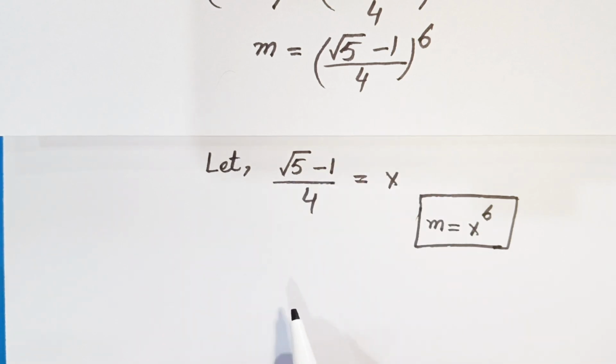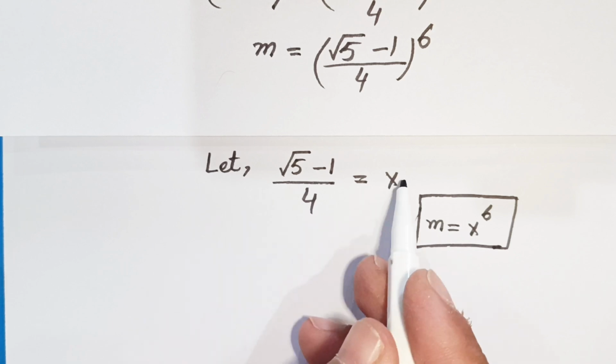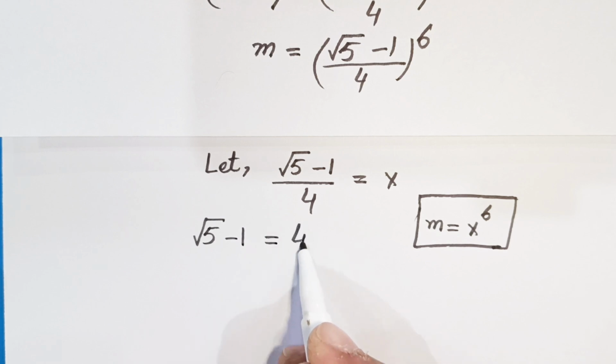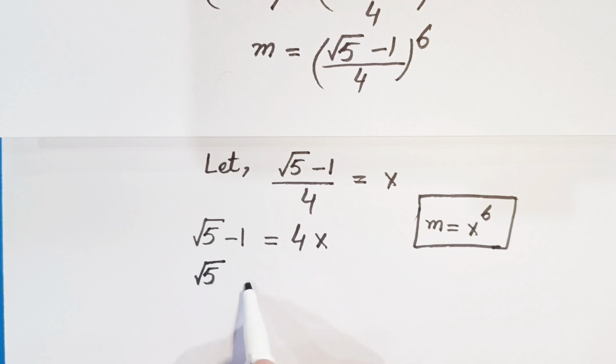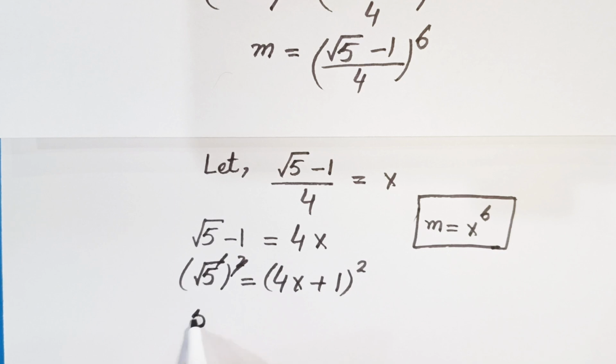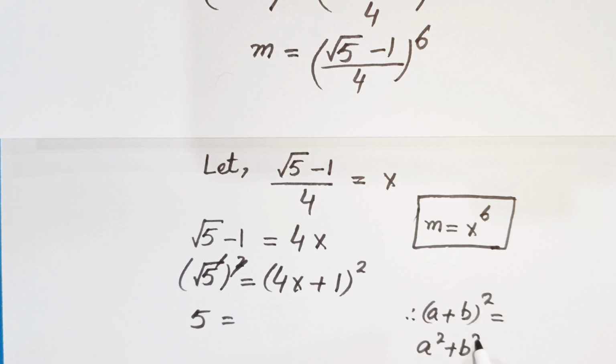Now here, if we cross multiply, then we get square root of 5 minus 1 is equal to 4 times x. So if we just shift this minus 1, we get 4x plus 1. Now taking square on both hand sides, then cancelling square with square root, we have 5 is equal to, here we use the algebraic formula a plus b whole squared is equal to a squared plus b squared plus 2 times a times b.